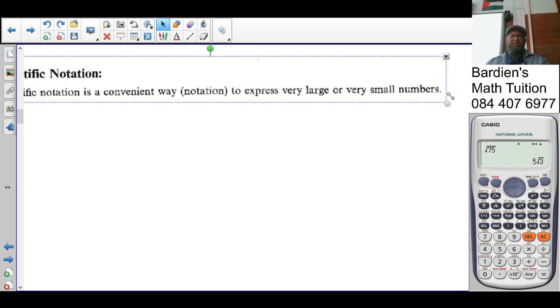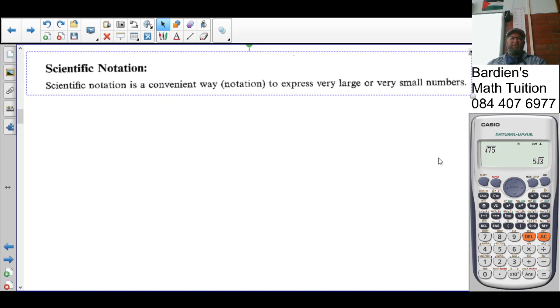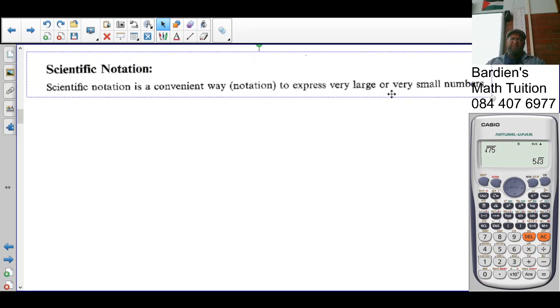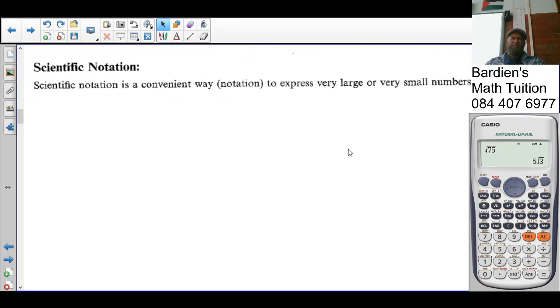So we are told that scientific notation is a convenient way, which is notation, to express a very large or a very small number. Okay. That is why we do the study of scientific notation.